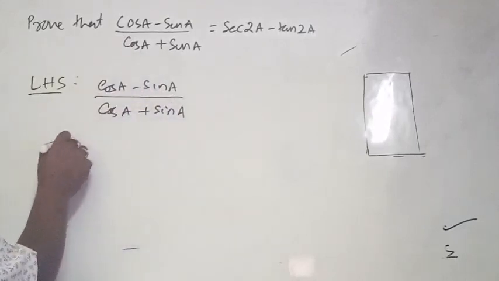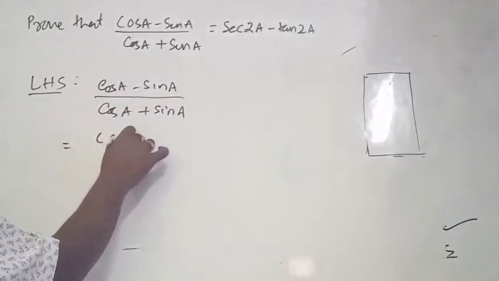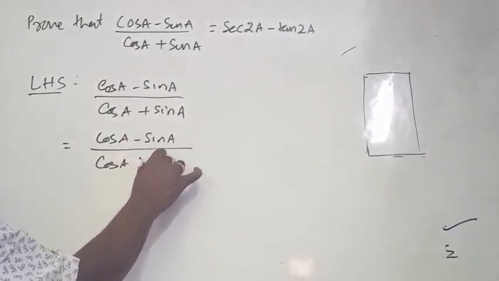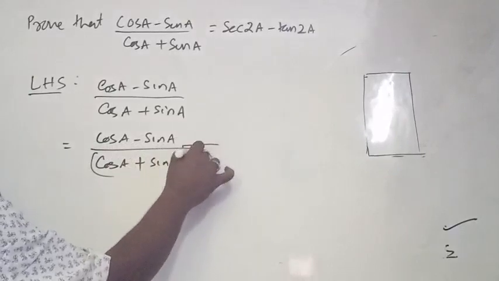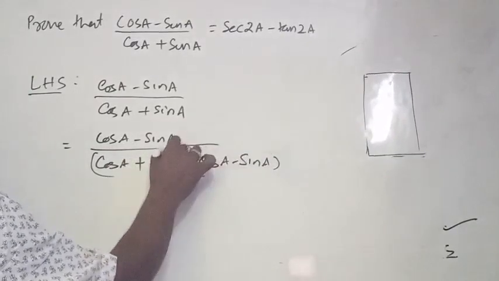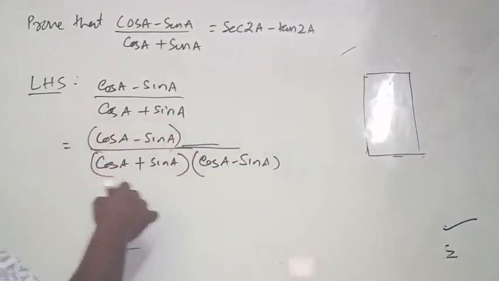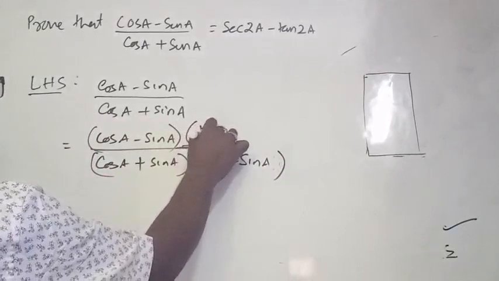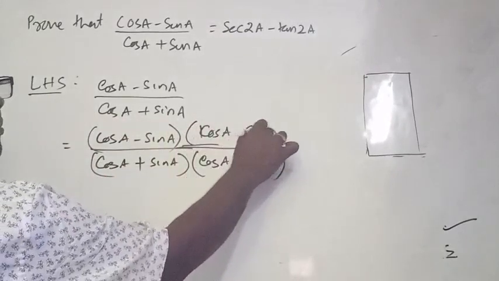So rationalize: multiply numerator and denominator by cos a minus sin a.